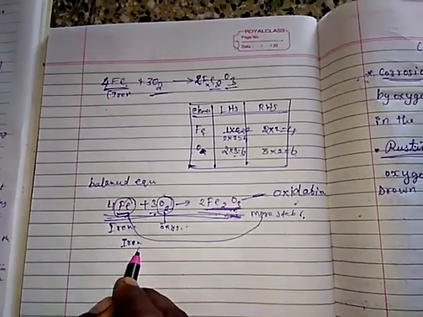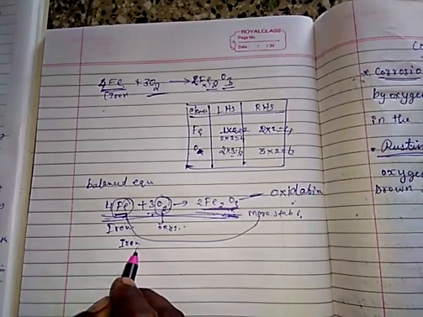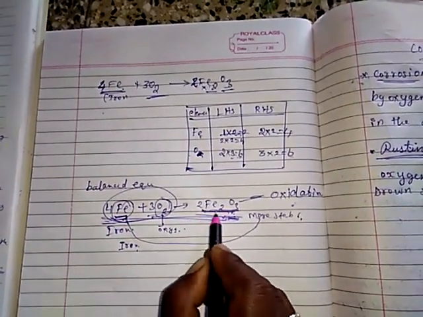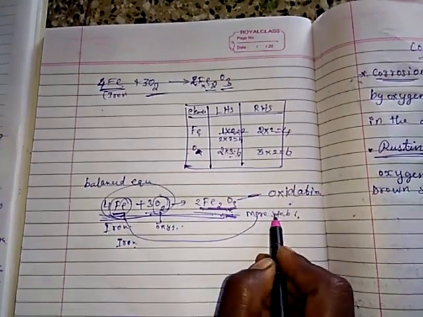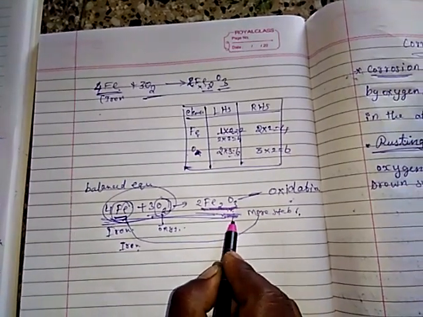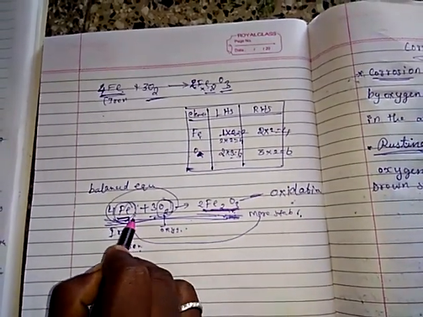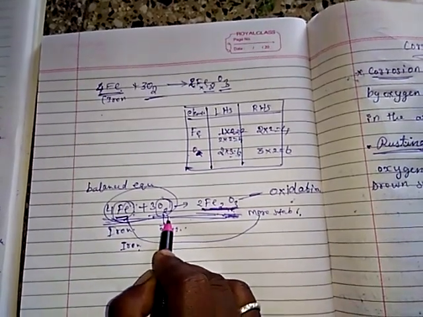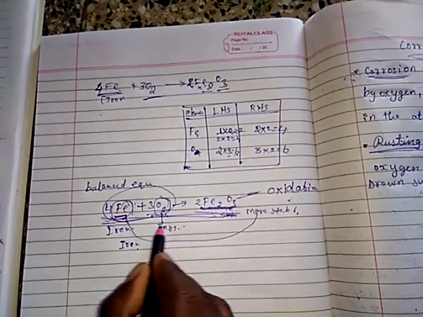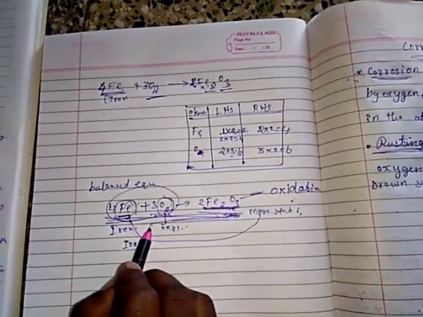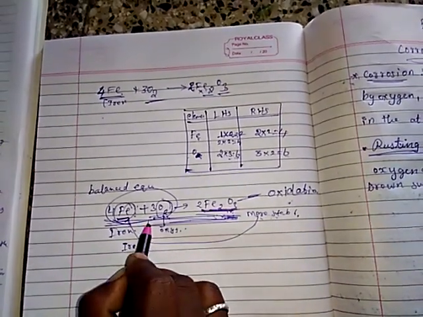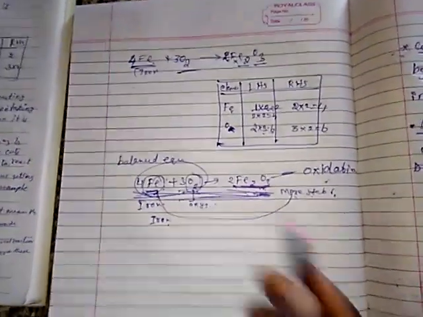That is why the reaction occurs. If Fe2O3 were not stable, there would be no necessity for the iron to react with the oxygen. In this reaction you are getting a product which is more stable than the reactants. This is the example of corrosion.